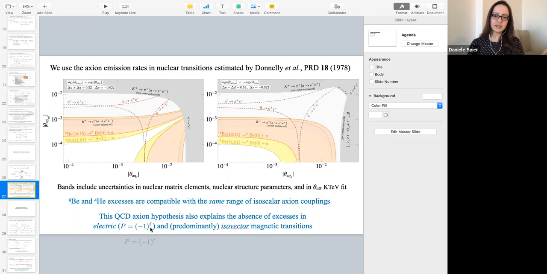Now, the folks who try to explain these anomalies with, say, protophobic dark vectors run into a problem, because their protophobic dark vector should also be emitted in these non-resonant capture reactions that are electric transitions, and there is no sign of observation there. This point is not being made by me. It was recently made by some nuclear physicists at the University of Washington, Seattle. But my point is, whatever their concern with those models that predict emission of particles in electric transitions, it does not apply here for the axion, because the axion doesn't couple in electric transitions.